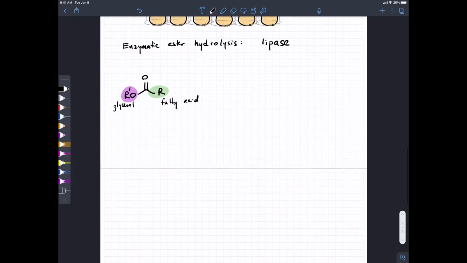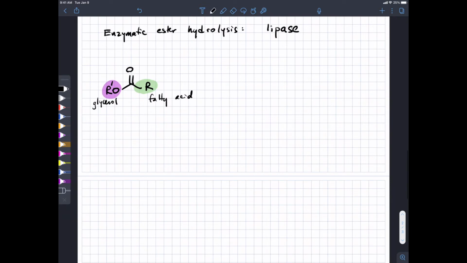Within the lipase active site, there is a pocket that the carbonyl oxygen packs into. And that pocket is lined with hydrogen bond donating groups. Squiggly lines here indicate the larger enzyme molecule.